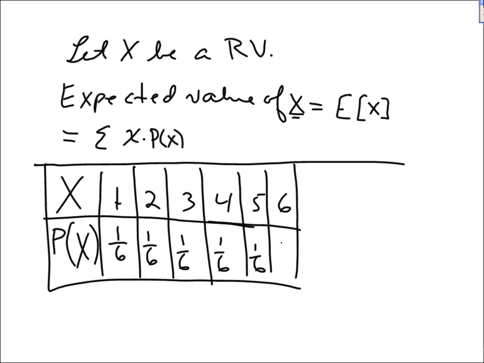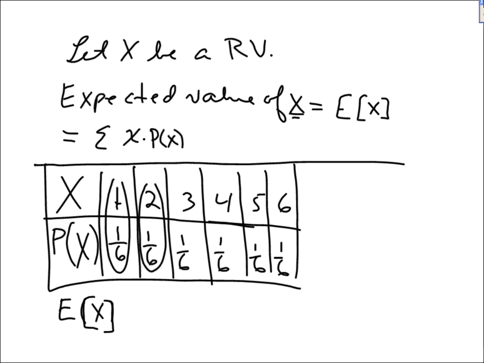So the expected value, E of x, is just this product plus this product plus this product, etc. And if you look at it carefully, every product has 1/6 in it.